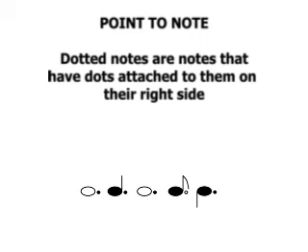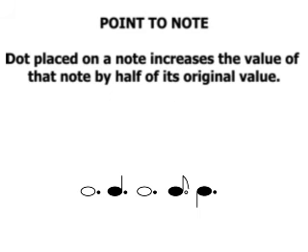On the right side of the note, you have a dot, and those dots increase the duration of the musical notes. What does a dot do? It adds half of the value of that note to the note.